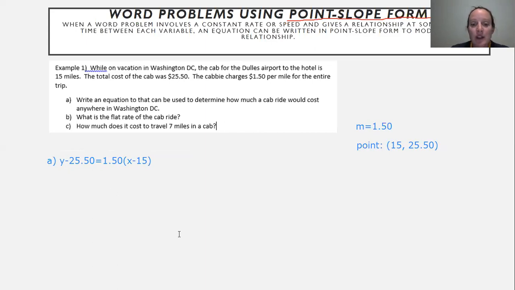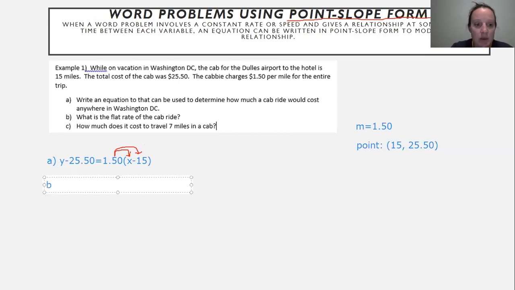Well, this is where you have to get good at going back and forth between point slope and y equals mx plus b. So the first thing you have to do is change this into y equals mx plus b, which means distribute.